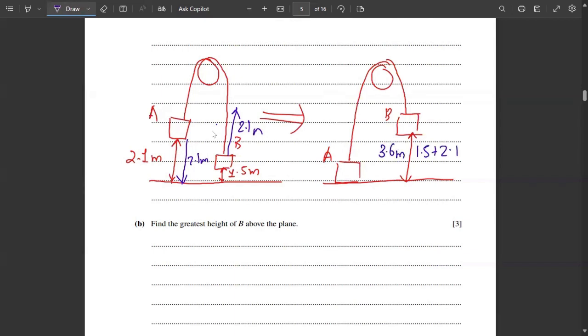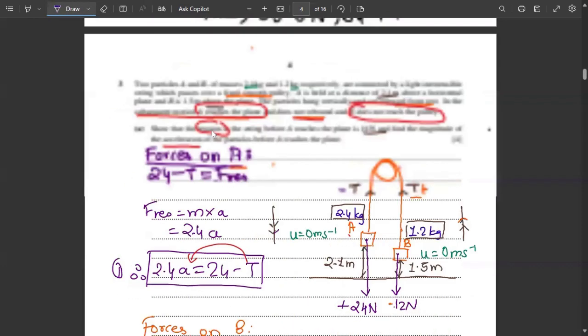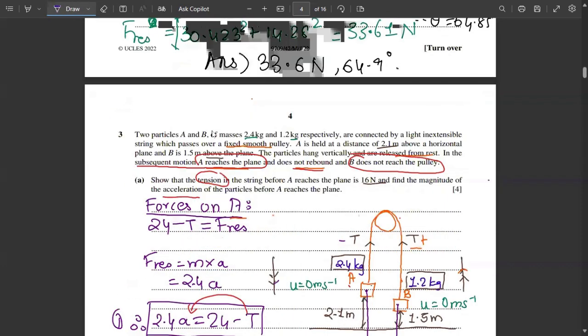But does the answer end there? No. Why? Because B has acceleration of 10 upon 3 meter per second square, which we found out in the first answer. Now, if we do v square equals u square plus 2as, the particles had started from rest. That means initial velocity was 0 meter per second. If you don't remember, they have written here: particles are released from rest.